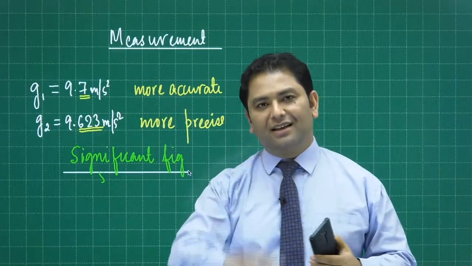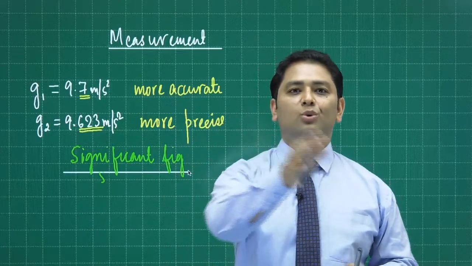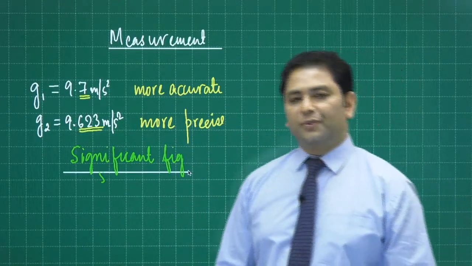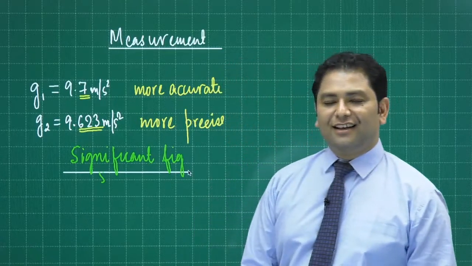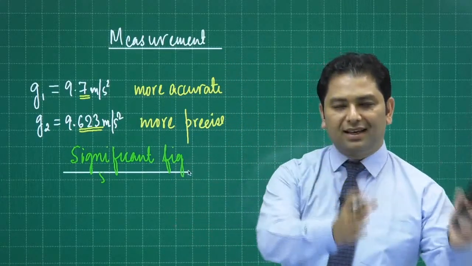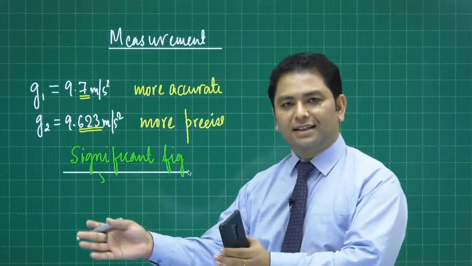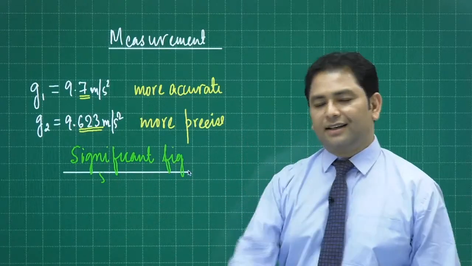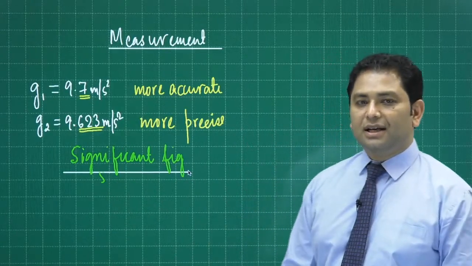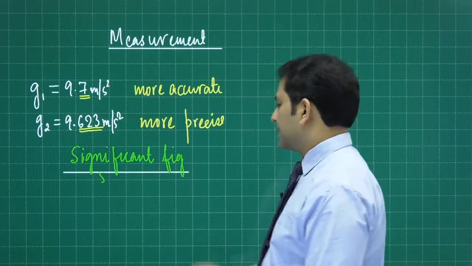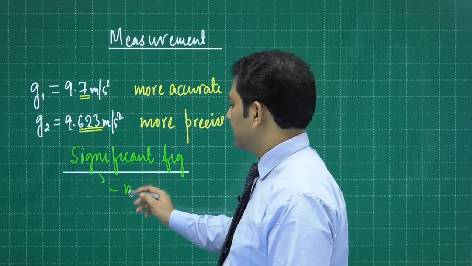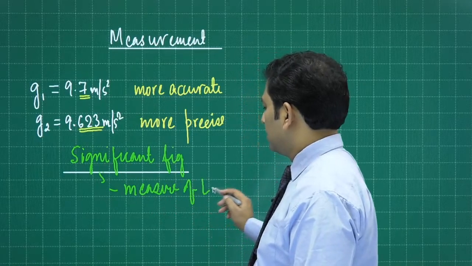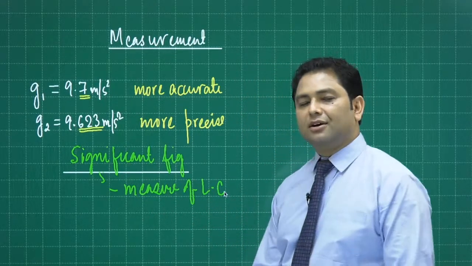I would certainly be talking about the rules of counting significant figures. I will not be able to say why this is considered significant and why that isn't, because we are directly hitting the examination point. But yes, the idea is that significant figure is basically the measure of least count. In other words, it is also the measure of precision.